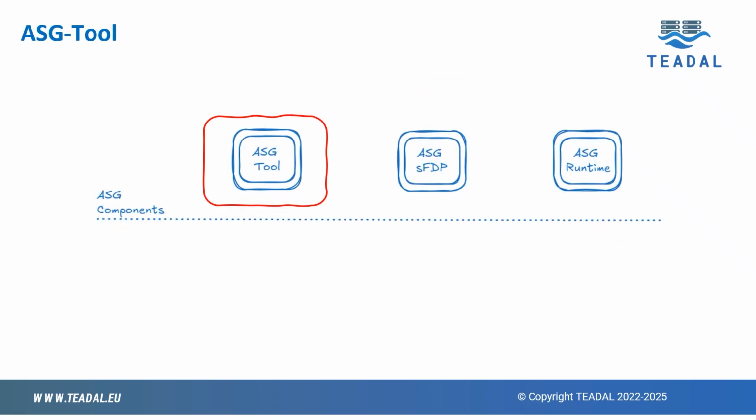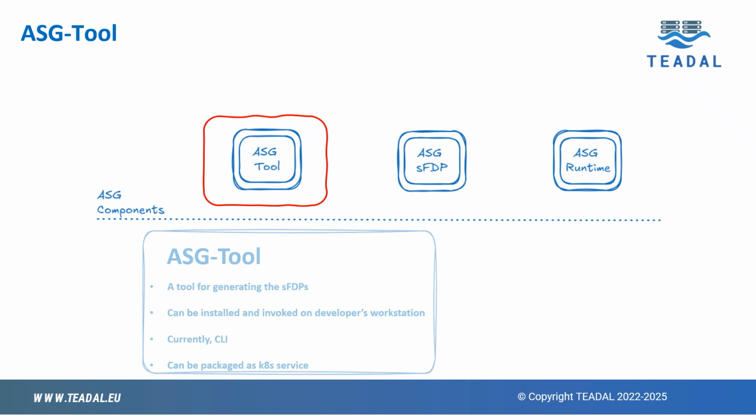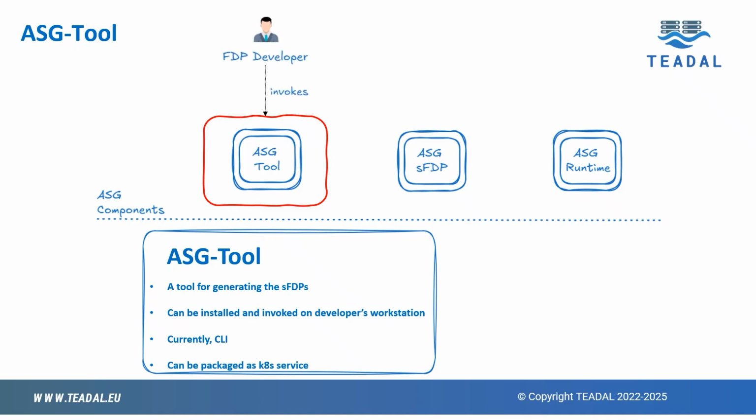The ASG tool is available to FDP developers as a CLI application that can be installed and run locally on their workstations. If needed, it's also possible to package and deploy the ASG tool on TEADAL nodes as a developer-facing service. The FDP developer invokes the ASG tool, providing the required inputs based on the data sharing agreement.